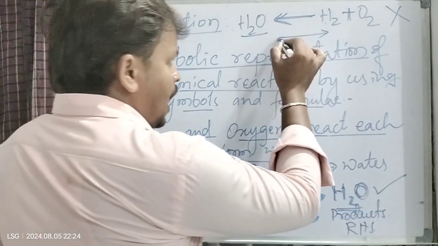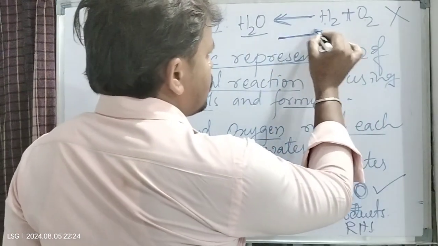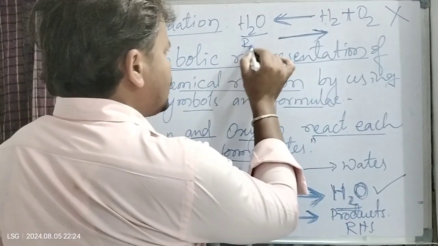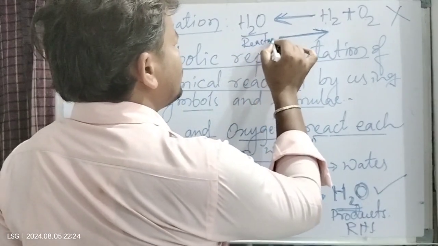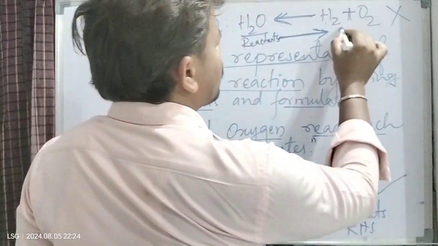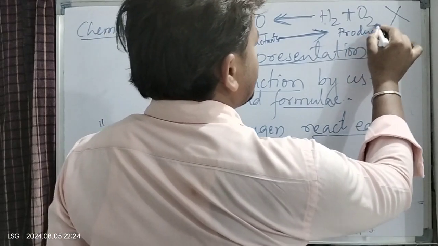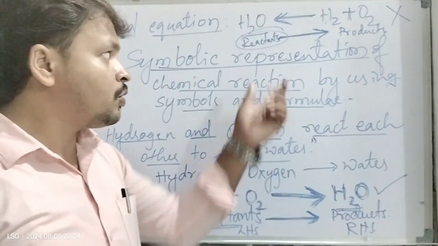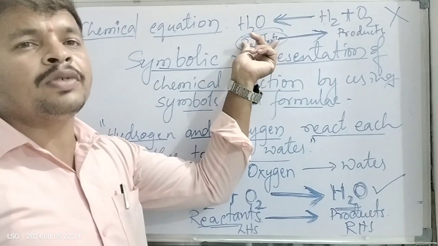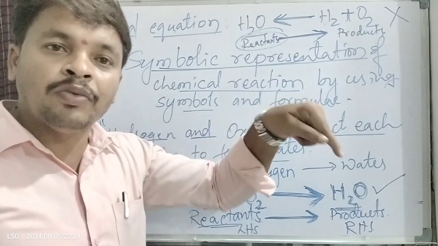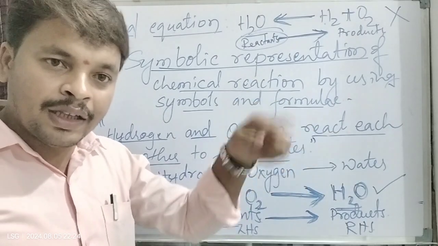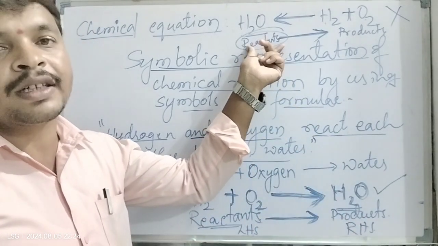Our arrow mark must be towards the right, where reactants should be written on the left side, and products on the right side. What is meant by reactant? A question can be asked in an exam. Reactants are the substances which are involved in the chemical reaction.